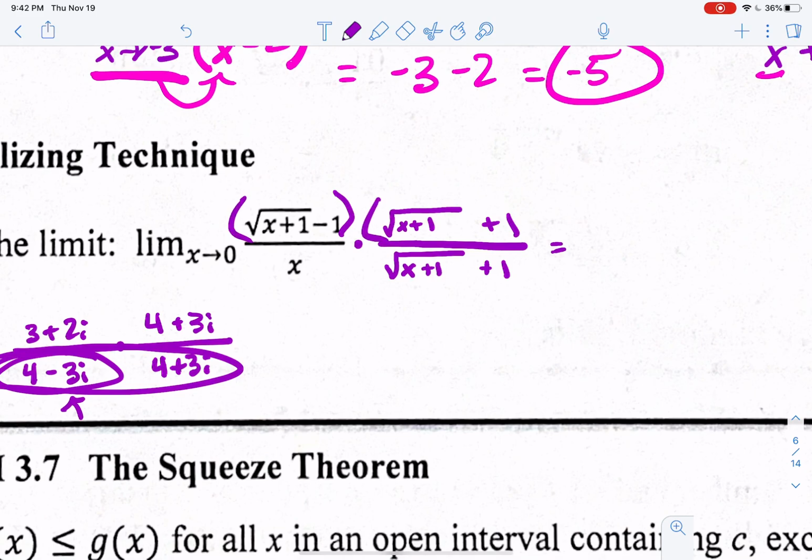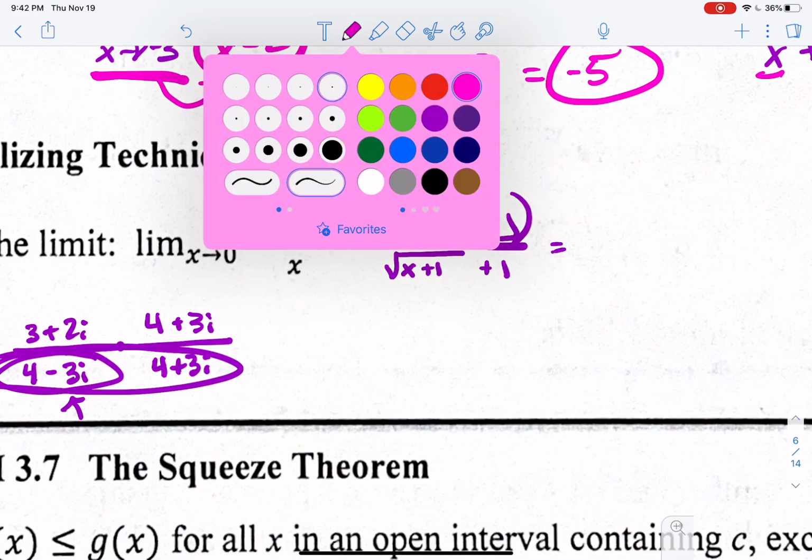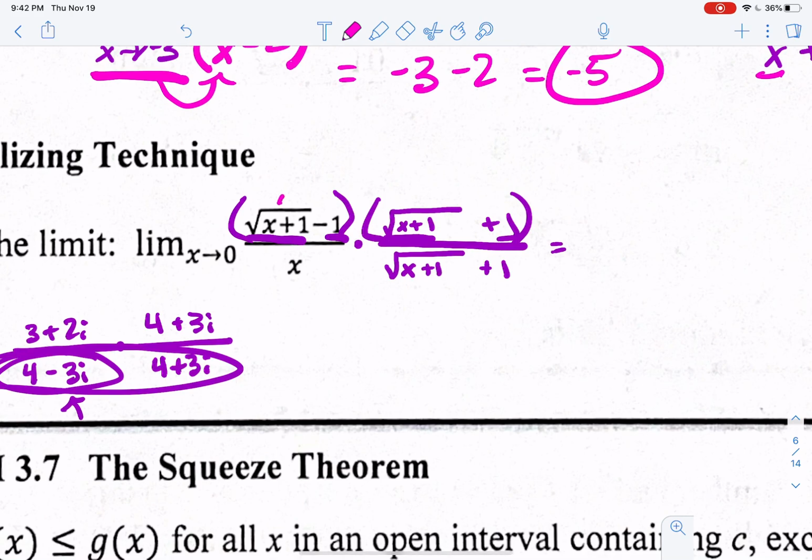This top part is a binomial, so we are going to FOIL it. The first terms: the square root of x plus 1 times the square root of x plus 1 is just x plus 1. The outside terms give plus 1 times the square root of x plus 1.